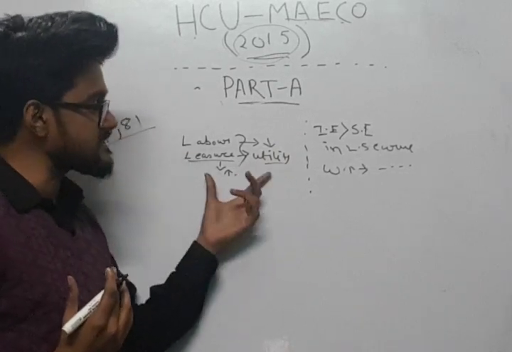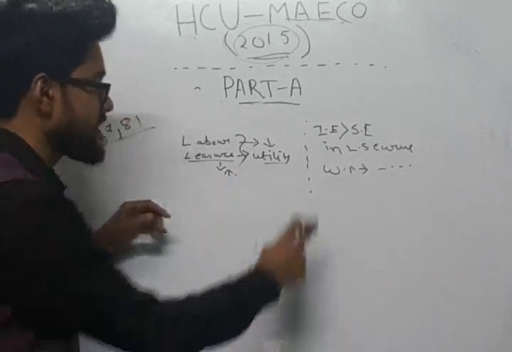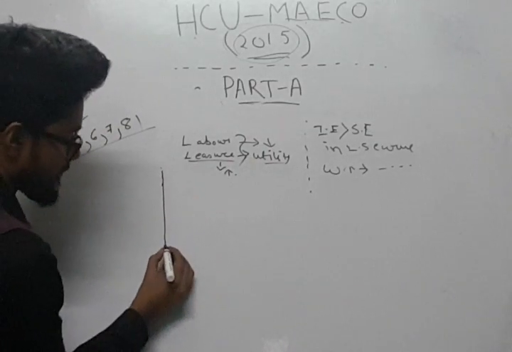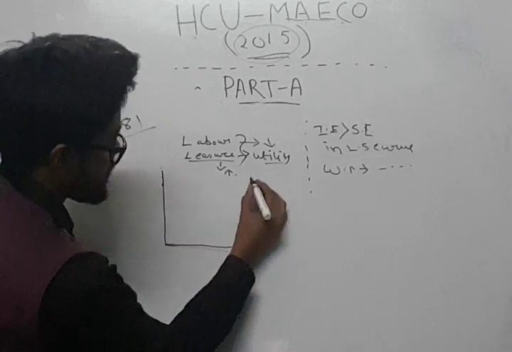To further understand this, we can understand what is supply, what is income effect and what is substitution effect. I'll write down 2 diagrams here, one here and one here.